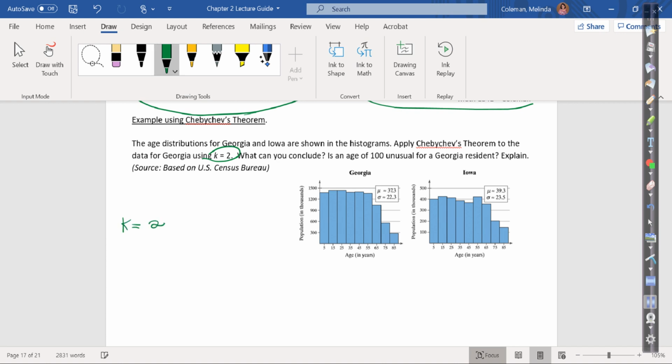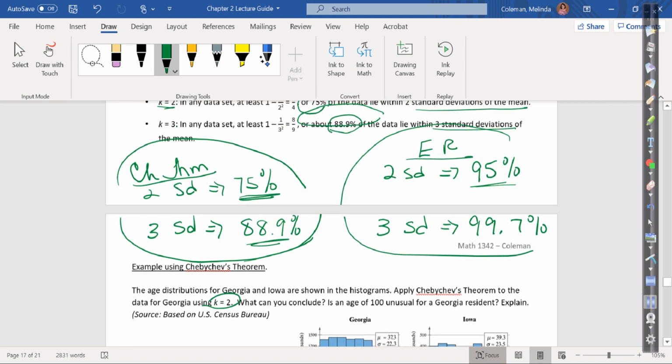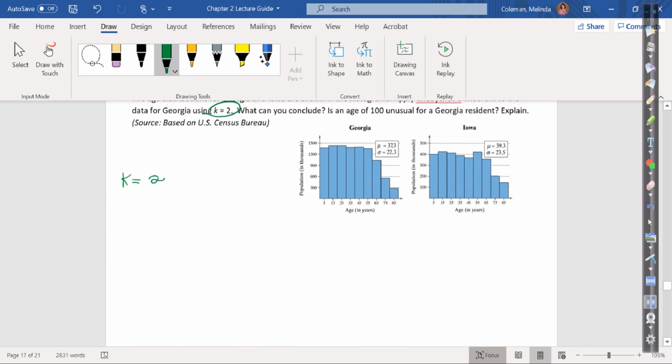Using Chebyshev's theorem, I'm going to take the mean and subtract 2 standard deviations. That gives 37.3, the mean age in Georgia, minus 2 times 22.3, the standard deviation, and this is going to give me negative 7.3.